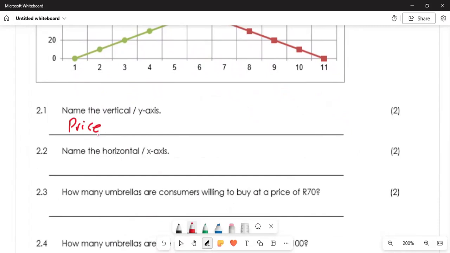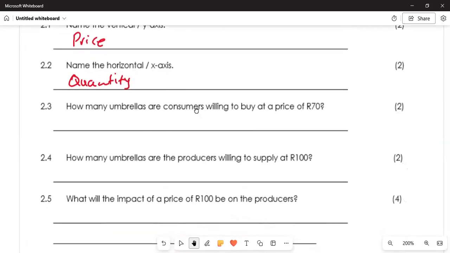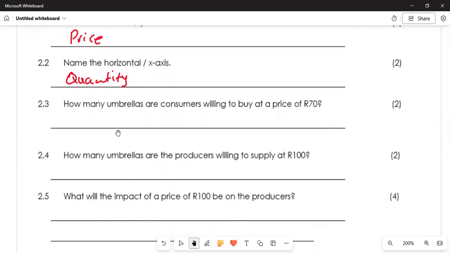Then it says name the horizontal. Horizontal, which is this, is our x-axis. So that is quantity. Then it moves on and says, how many umbrellas are consumers willing to buy at the price of 70? At the price of 70.